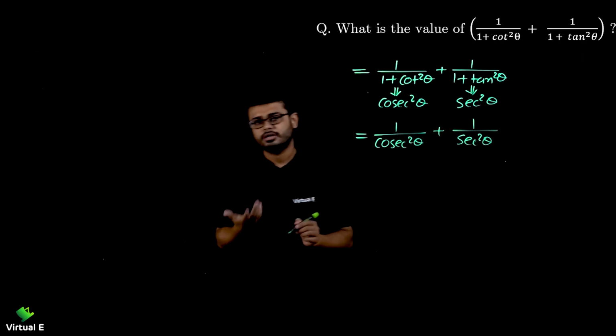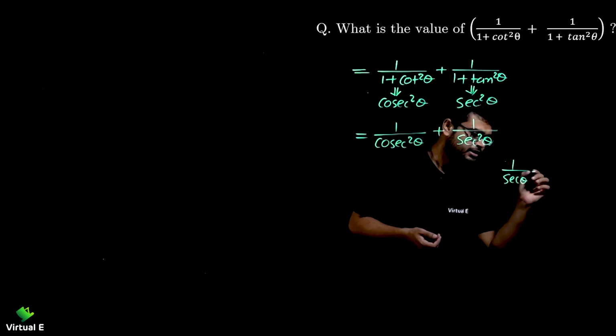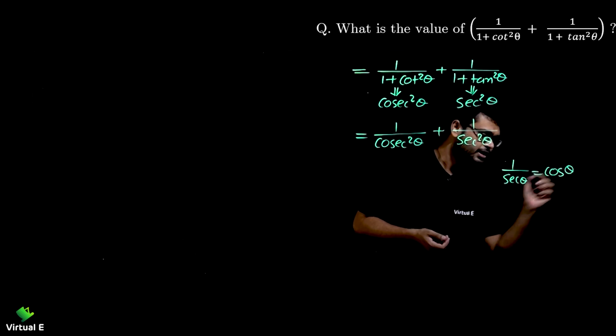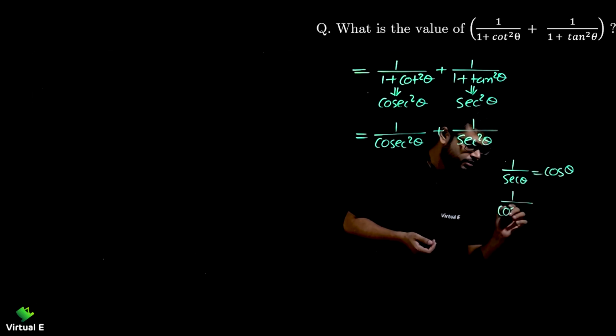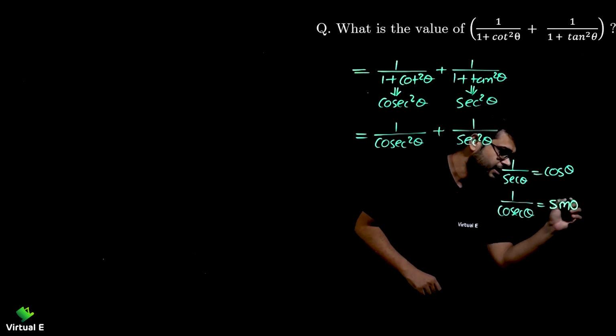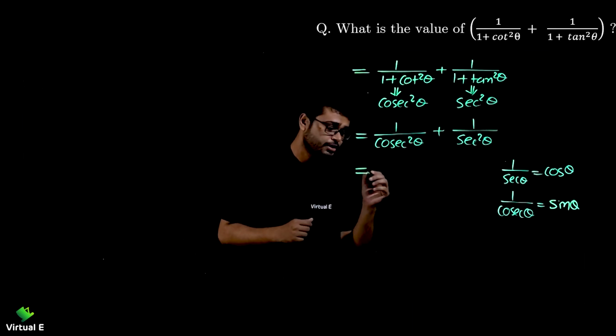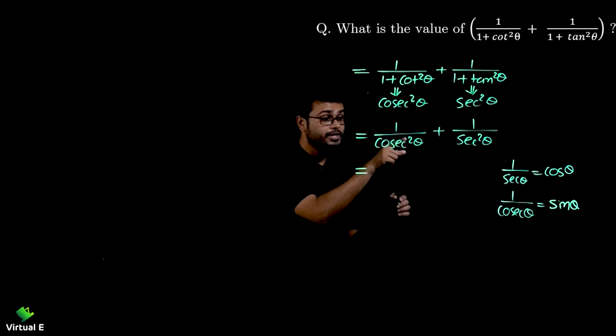Now what? We know that 1 upon sec theta is equal to cos theta, and 1 upon cosec theta is equal to sin theta. Done. So what I'm going to write, make sure you remember this square because square over here.